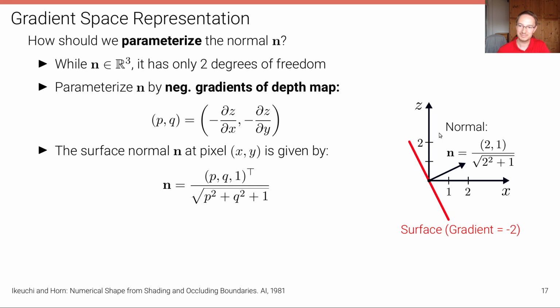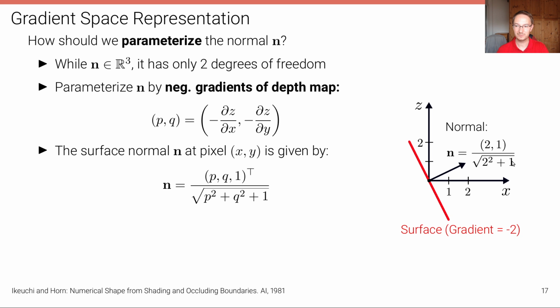Let's look at a simple example. Here we just have a 2D visualization. We have the x and the C plane, and we have a surface here that has a gradient of -2. So p in this case would be 2, and then we have the 1 here.